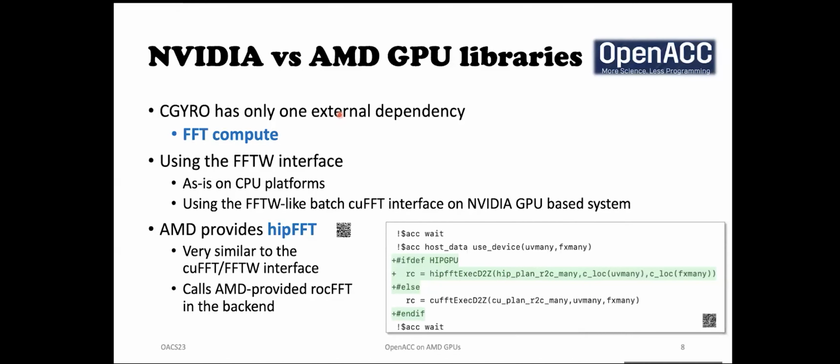We couldn't use it as is on the AMD GPUs, but AMD has something almost the same as part of hipFFT. It's very similar to the cuFFT FFTW interface. You just replace cu with hip, and there are some small minor details that are different, like you see here. But apart from doing a nice ifdef, it was pretty much painless once we figured out how to actually invoke it. So all good so far.